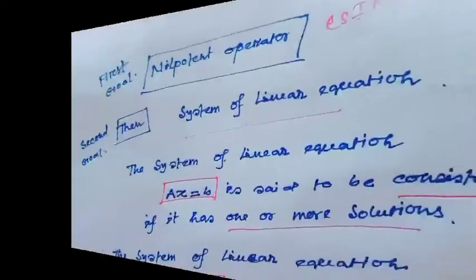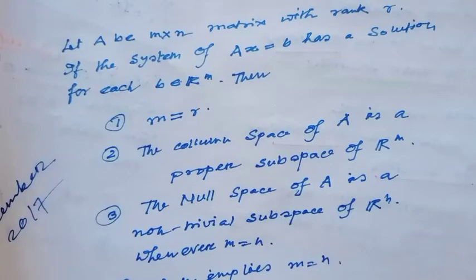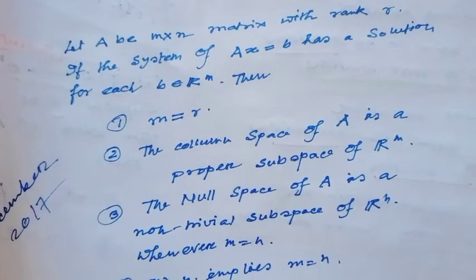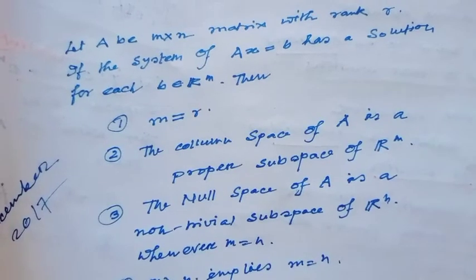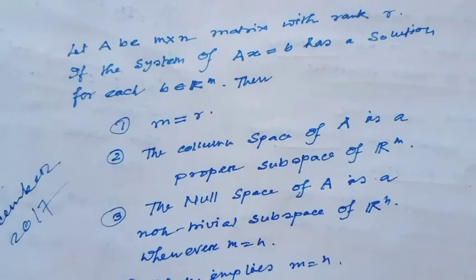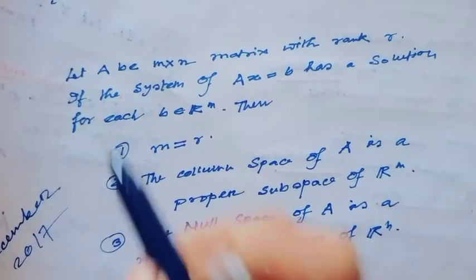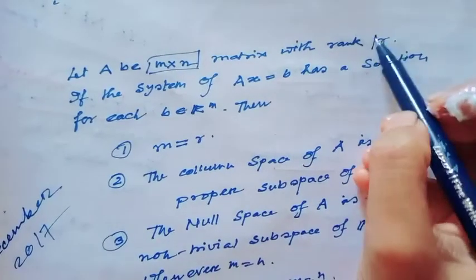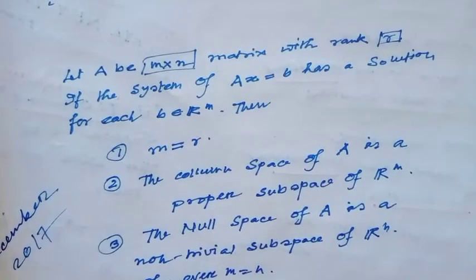Okay. Now I will take one question on the non-homogeneous equation which came in the December 2017 exam. The question is: consider A, an m cross n matrix, where the rank of the matrix is r.